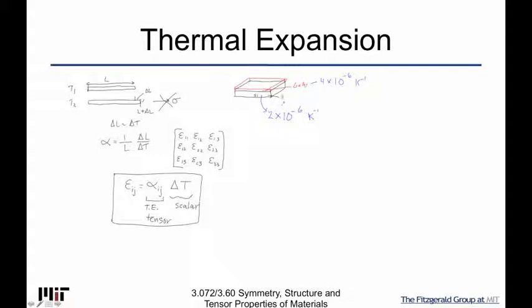So let's imagine that I have some relative lattice they're both happy with, and it's A. When it cools down, this thing's trying to contract to be A times 1 plus the epsilon ij that I mentioned, which is essentially A times 1 plus alpha ij delta T. So you can see where this is going.